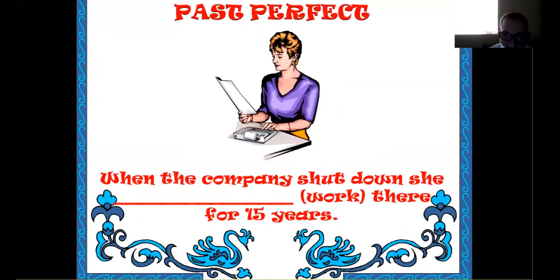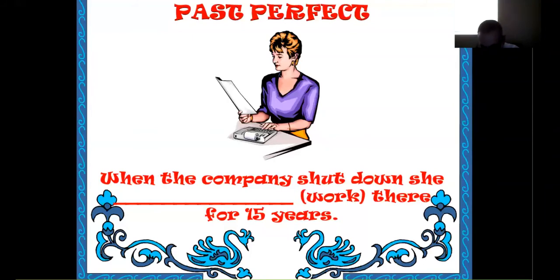When the company shut down, she had worked there for 15 years. So she had worked first in the company. The first thing is that she had worked for 15 years in the company, then the company shut down. Sorry, the company shut down after she had worked.